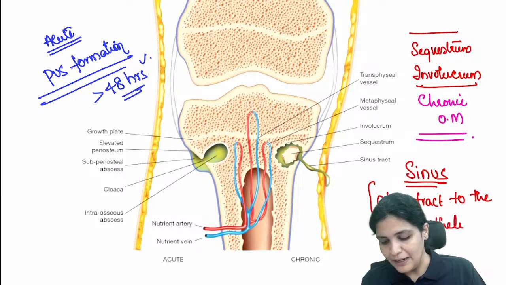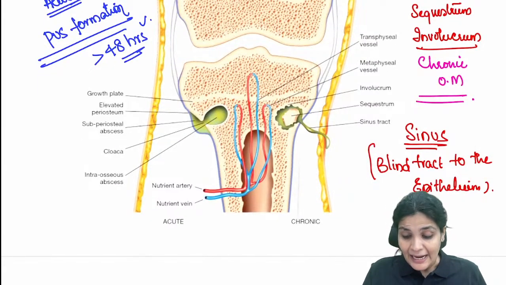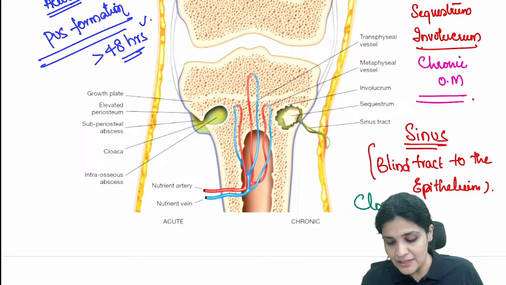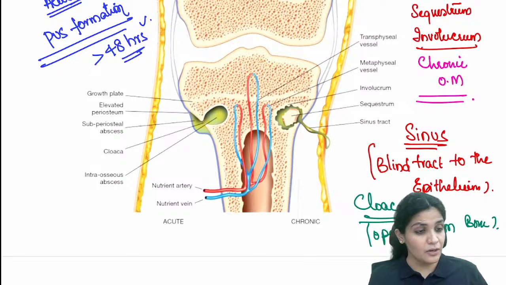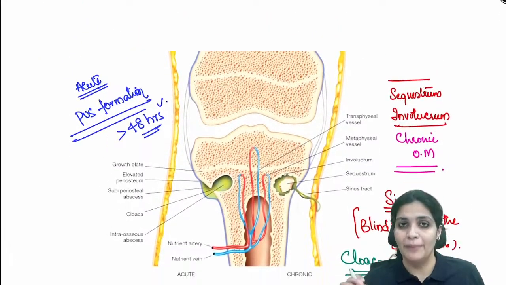So there is this blind tract, the sinus, and there are small openings on the bone, which are called cloacae. These are all the features of chronic osteomyelitis.